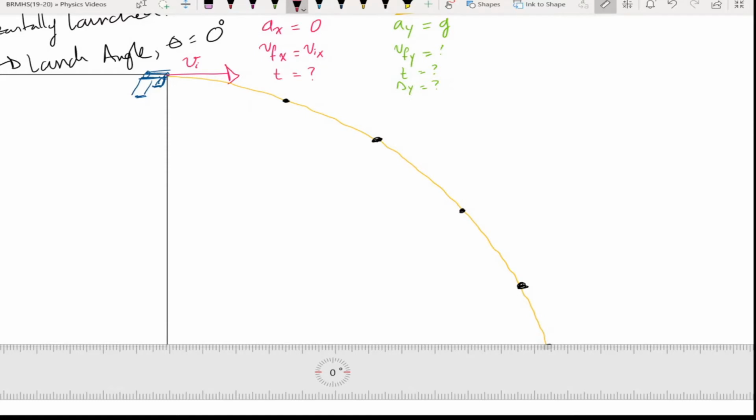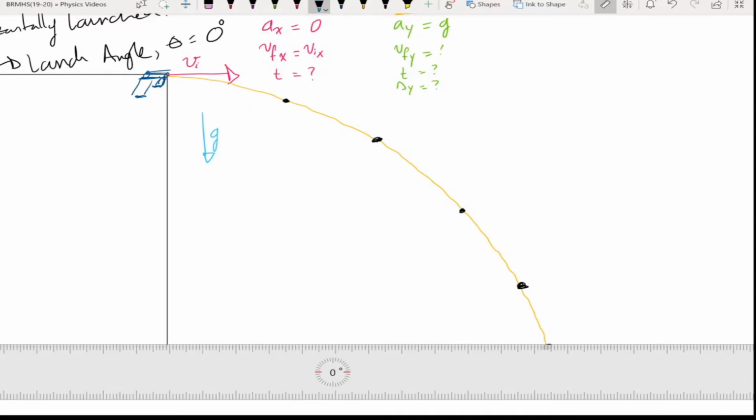Now I'm going to draw some vectors. One vector I know immediately is little g, which is always pointing down. Always, whether you shoot the thing up, down, sideways, or at an angle, little g always points down. That's the direction gravity is accelerating you and everything else, towards the center of the Earth.